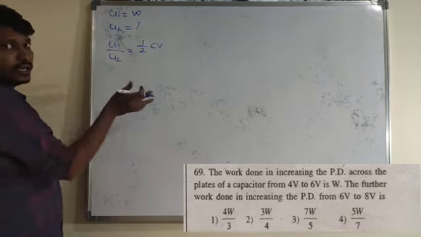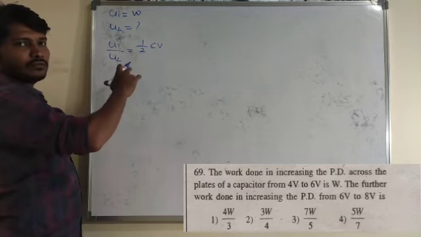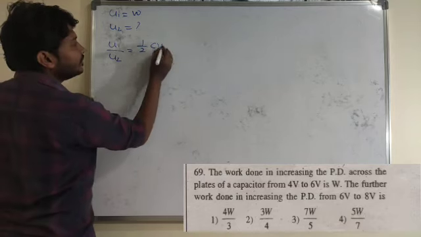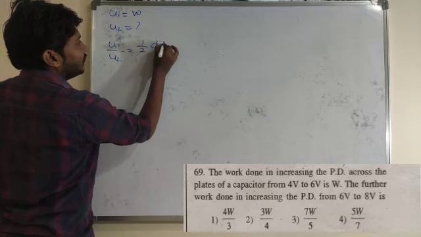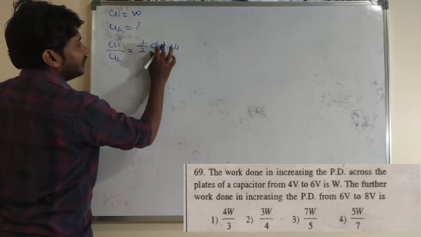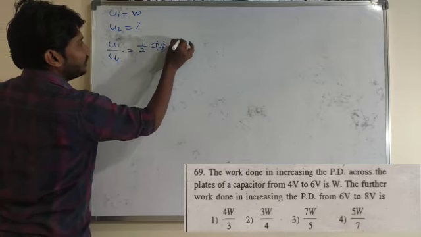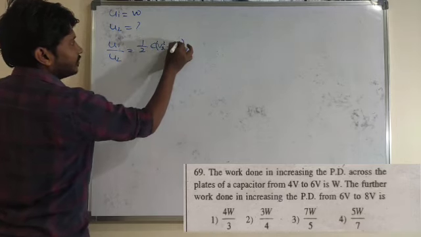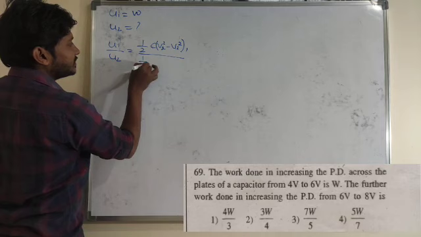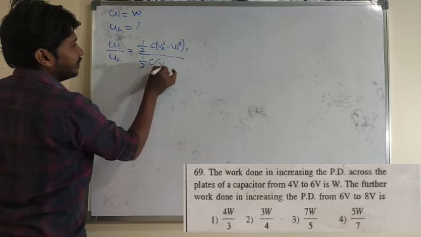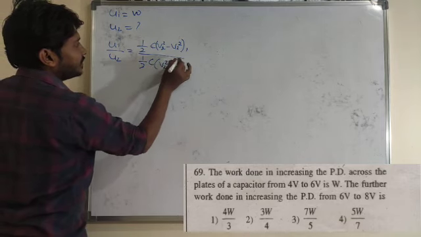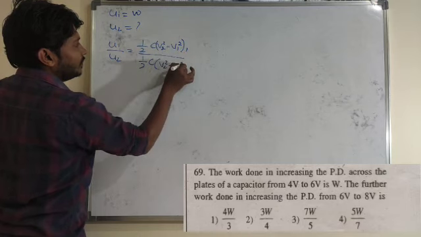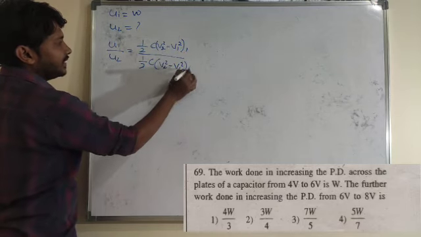Half C into V2 square minus V1 square in the first case, divided by the same in the second case, V2 square minus V1 square.